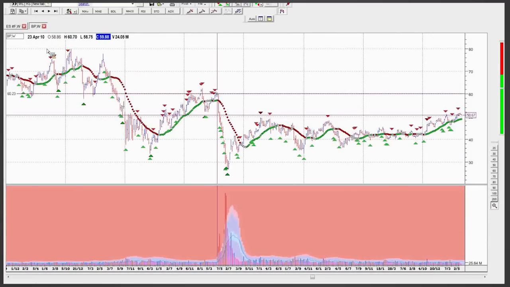This is 2010, where I've got my crosshair in April. Where do you notice the highest volume coming in on this chart, ladies and gentlemen? This is a weekly chart of the US stock, British Petroleum, but it also trades in the UK. Where is the highest volume that you can see? It should rather jump out at you as it does to me, but where do you see it?